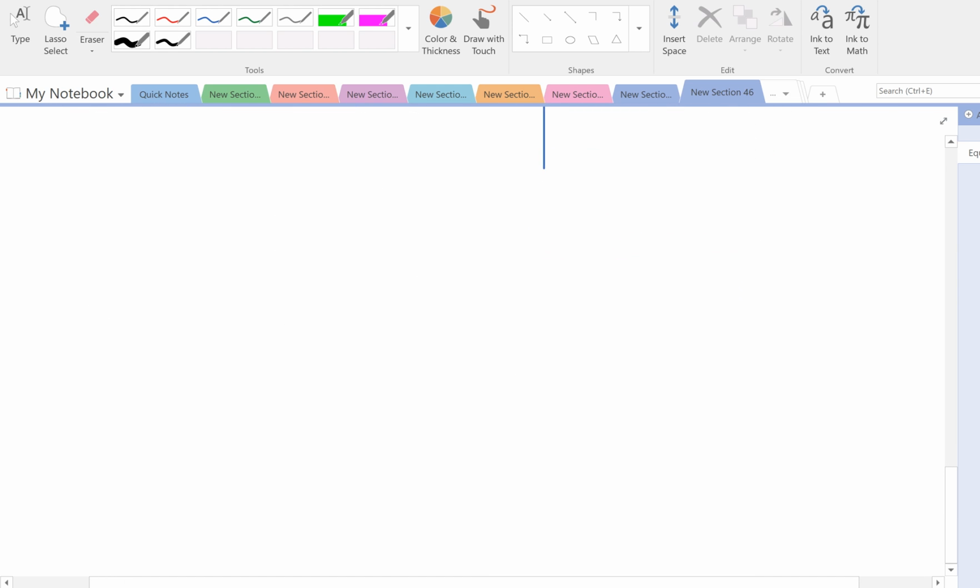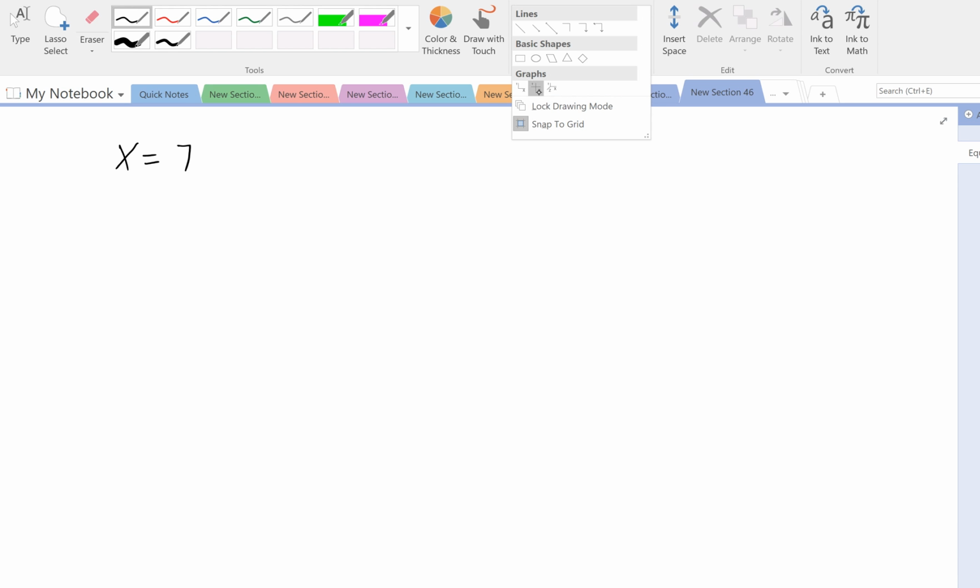And the next non-trivial equation of line is, for example, they gave you x equals 7. Now here we have only information of x. So the only information that we have is for the x-axis or x component.